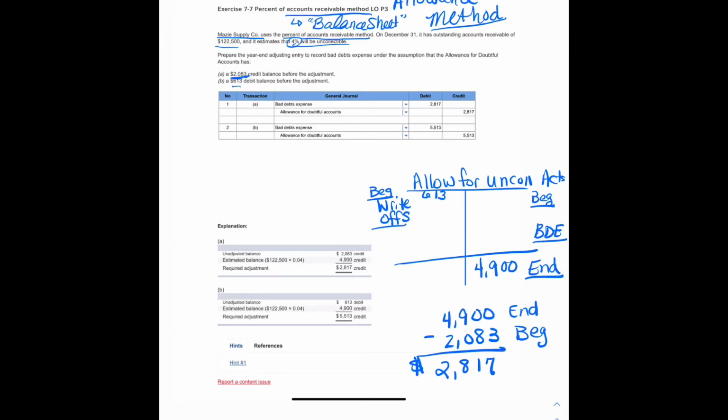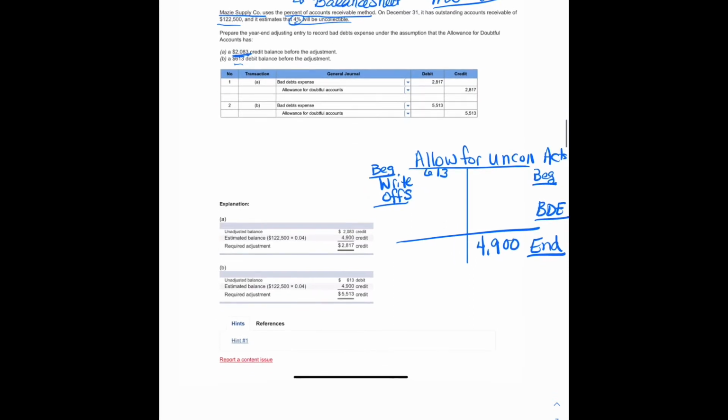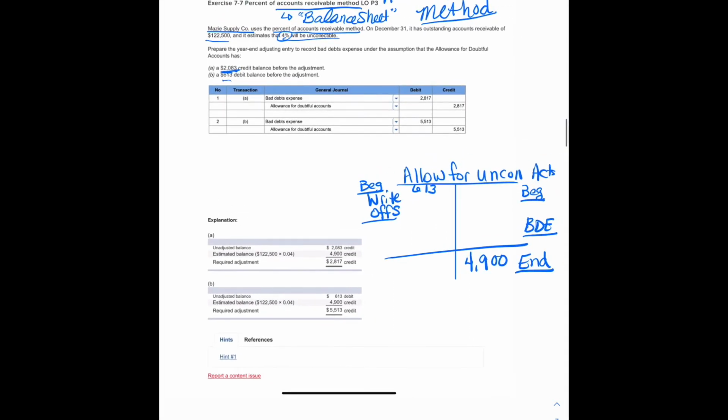So we know the amount of the adjustment has to begin with that $4,900. But the question is, if I just use $4,900, is that going to bring my ending balance to $4,900? And the answer is, of course not, because we began with a debit balance of $613.